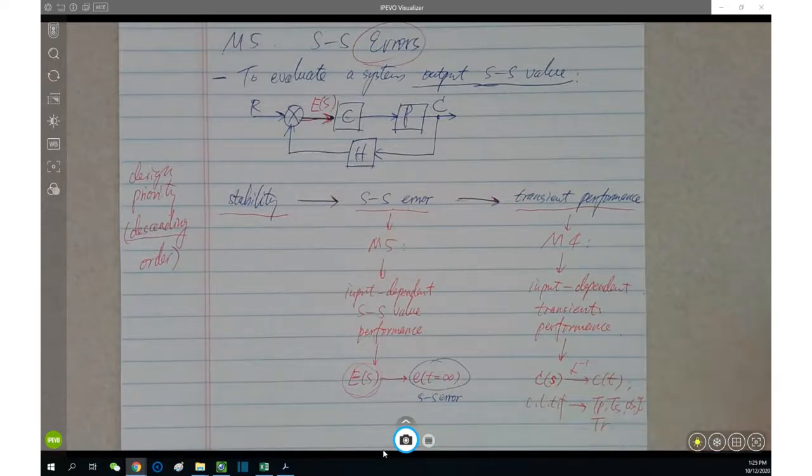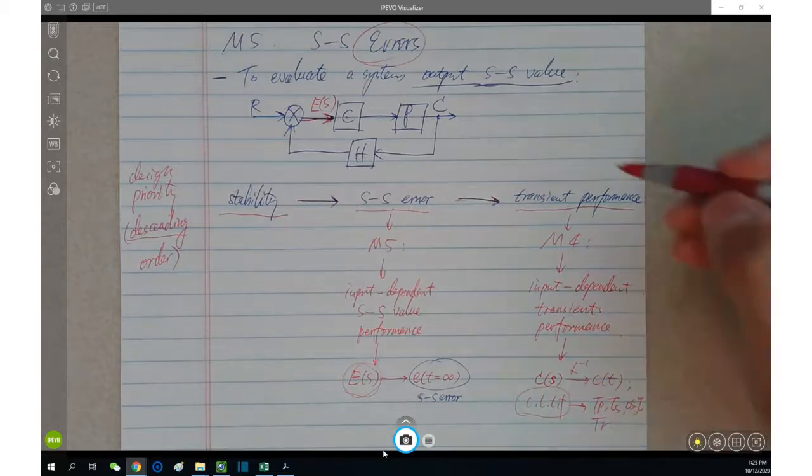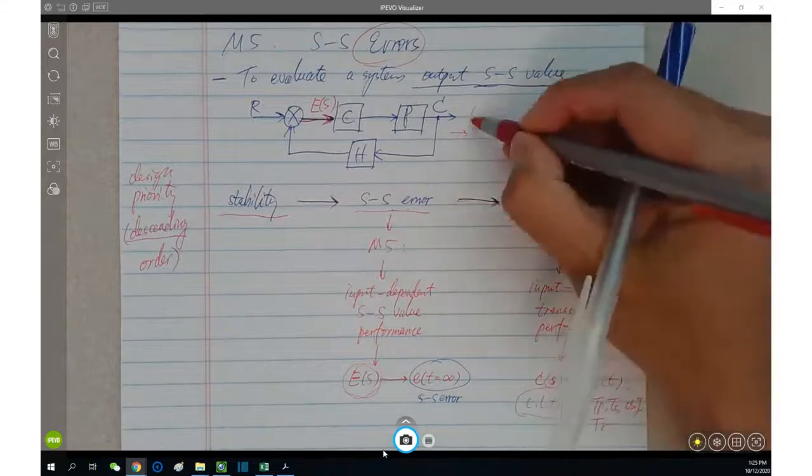No matter whether it's a first order system or second order system, it doesn't matter. The key is it must be the closed loop transfer function. From other transfer functions, we can't tell these details. And speaking of the closed loop transfer function, let's review a little bit.